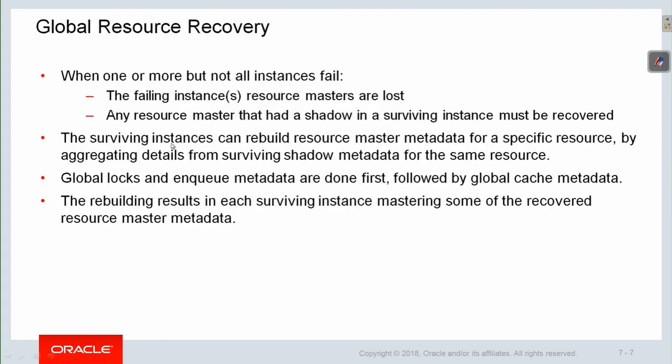Surviving instances can rebuild resource master metadata for a specific resource by aggregating details from surviving shadow metadata for the same resource. Global locks and enqueue metadata are done first, followed by global cache metadata. The rebuild results in each surviving instance mastering some of the recovered resource master metadata.